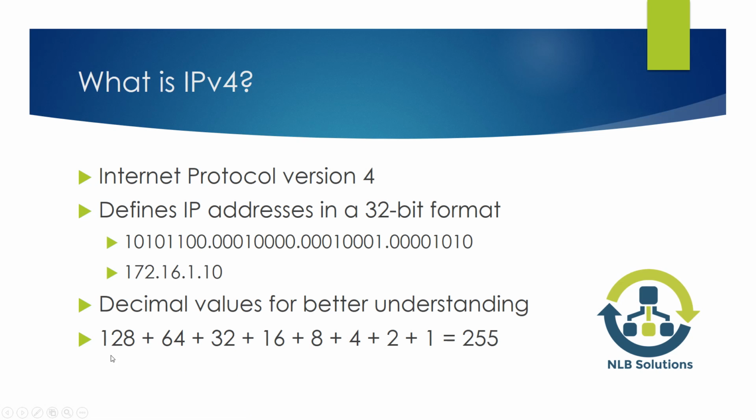So if we summarize 128 plus 32 plus 8 plus 4, it equals 172. And this is how normal bit format addresses are represented by decimal values.